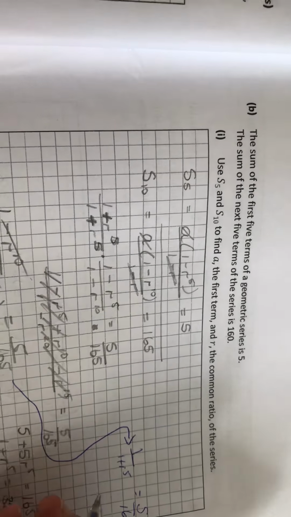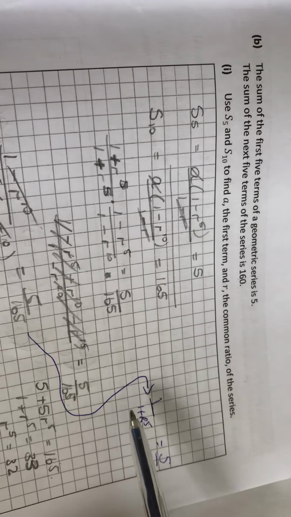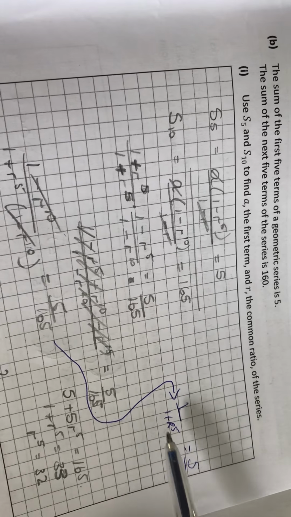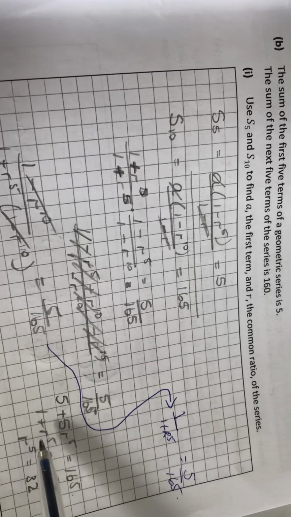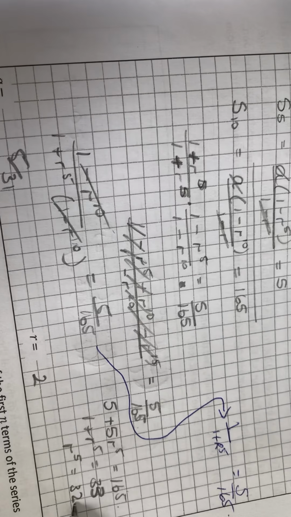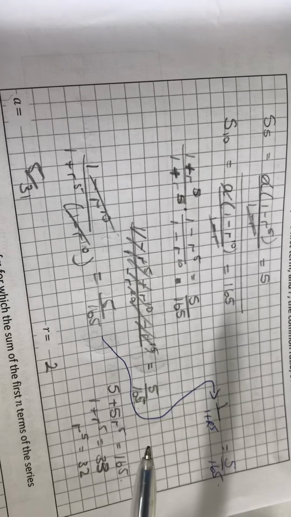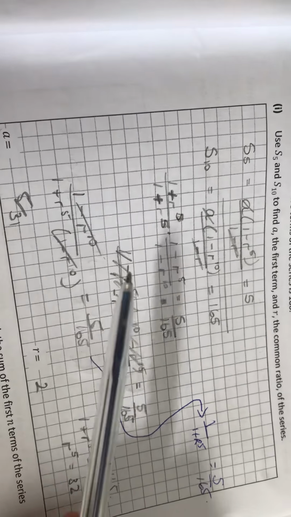Now I can at least get rid of my fraction, multiply this by 5, this by 1. I'll end up with r to the power 5 is equal to 32, which means that r is 2. And then I can go back and figure out that a is 5 over 31.